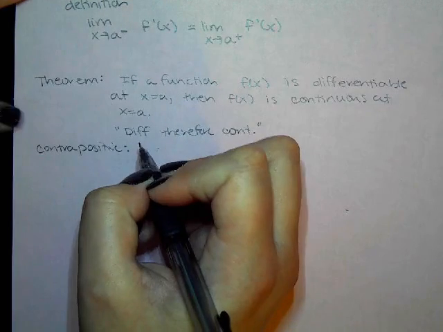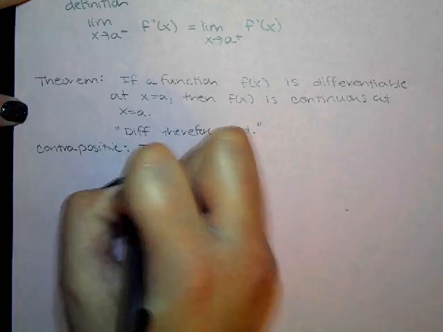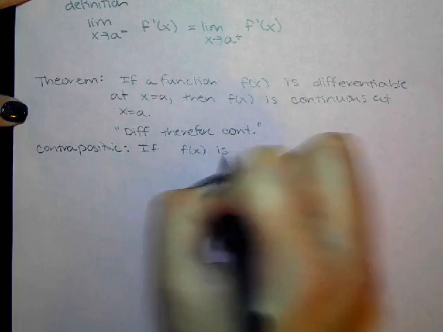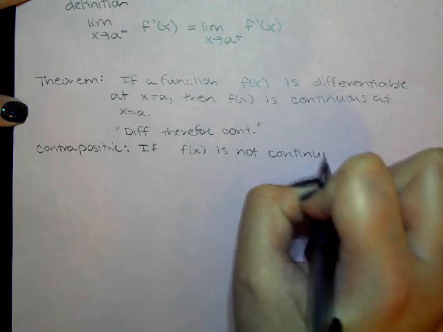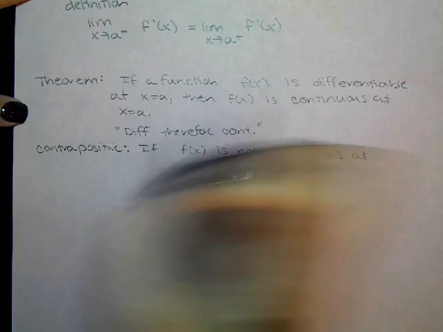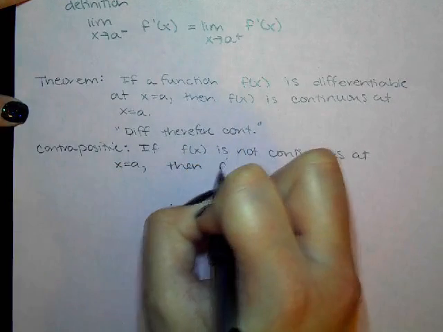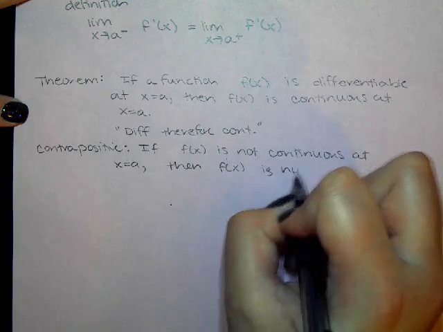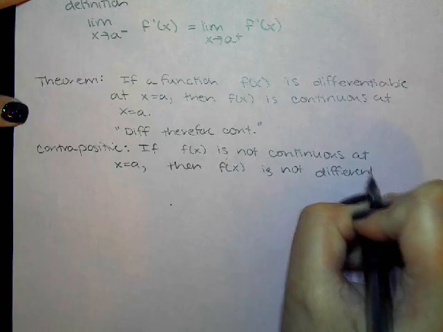Well, once I say it, then you'll go like, okay, that makes sense. If f of x is not continuous at x equals a, then f of x is not differentiable at x equals a.